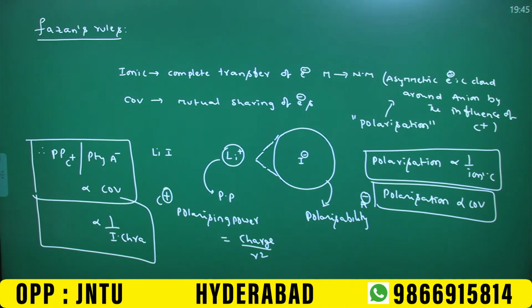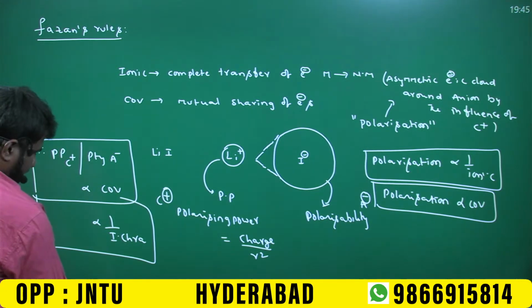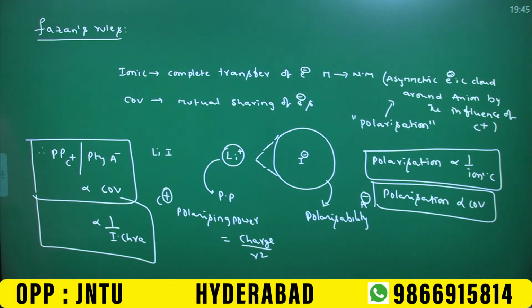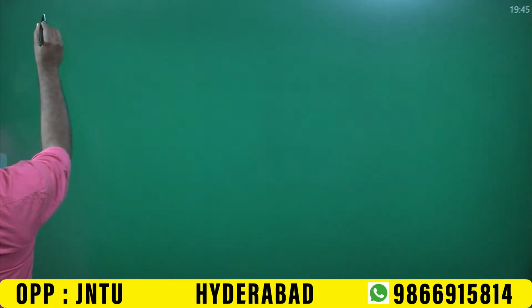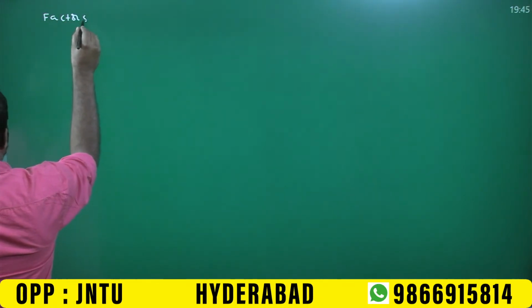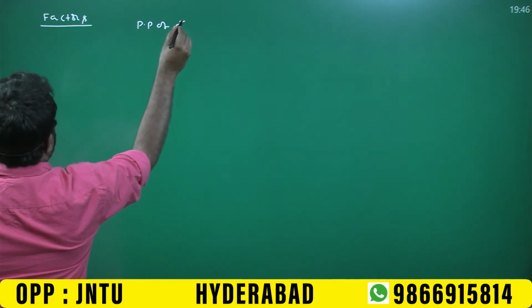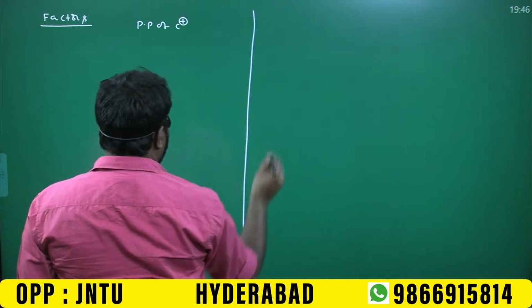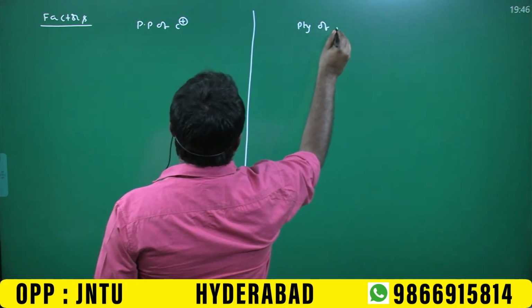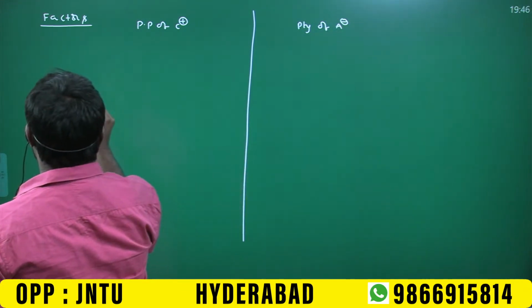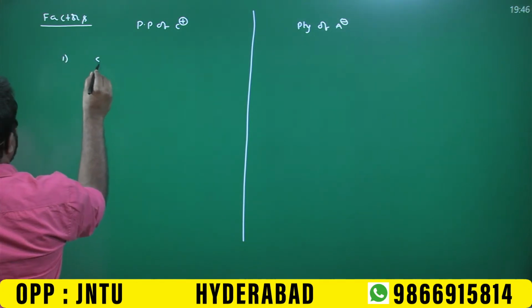Next, the factors affecting polarization. On this side, the polarizing power of the cation; on this side, the polarizability of the anion. The first factor is size.